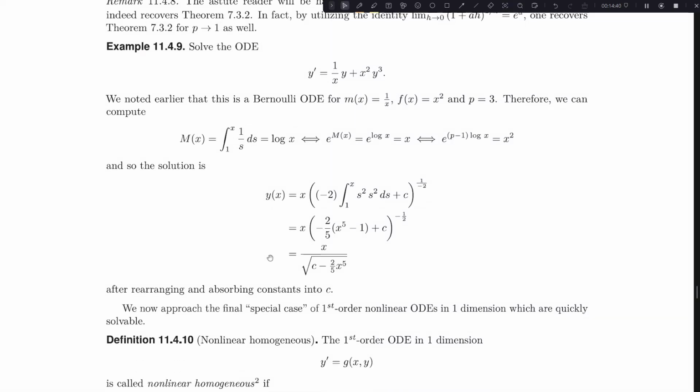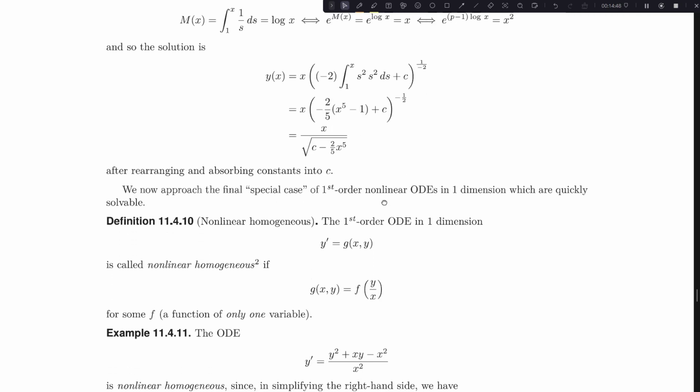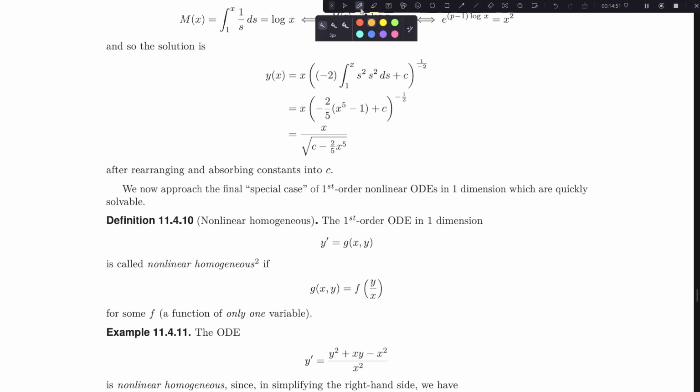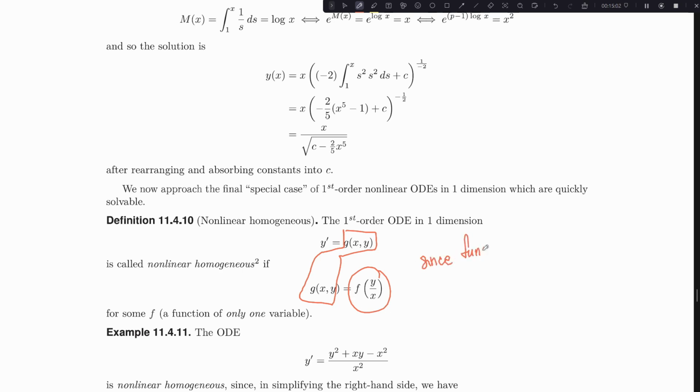Okay, so very good. Then we're going to move on to one more type, and this is going to be the nonlinear homogeneous type. And these types are going to have a slightly different form. These types have a right-hand side of my ODE, that's being G there. So the right-hand side of the ODE looks like a single function, f, of the ratio of variables y divided by x.